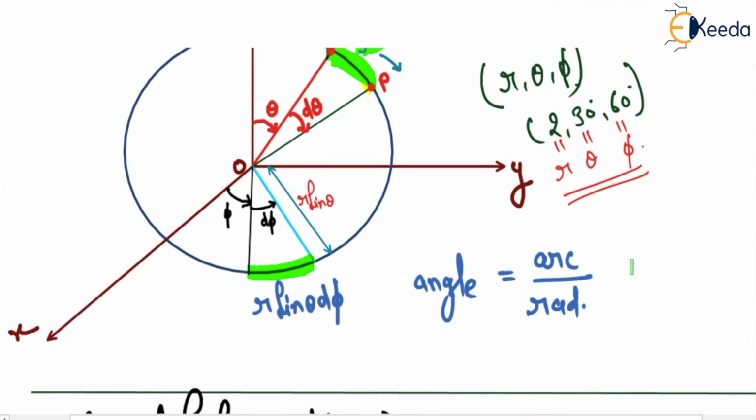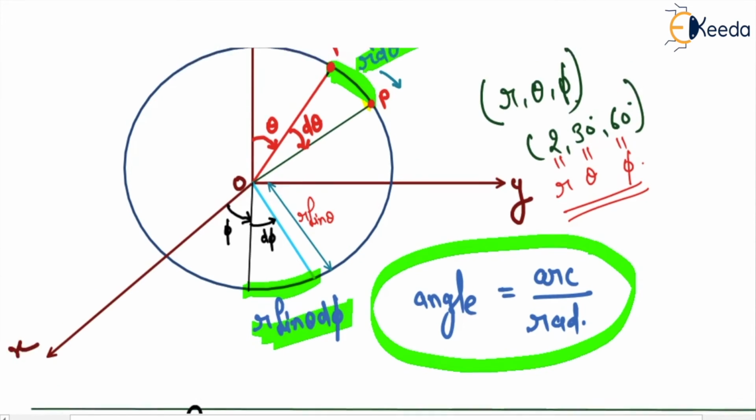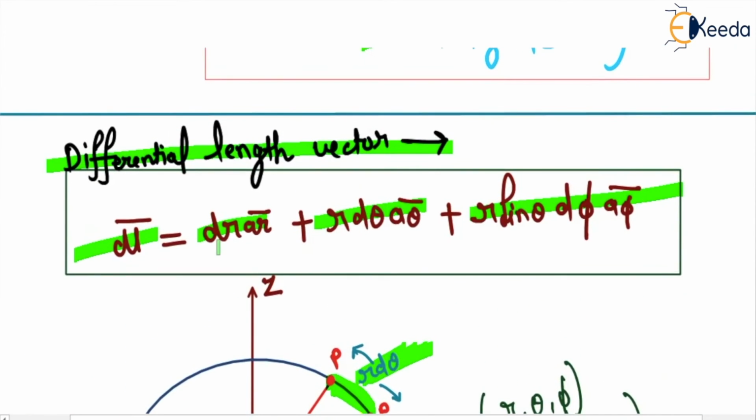The formula is angle is equal to arc upon radius. When phi varies with a small segment, the variation is counted as r sin theta d phi. So dl vector is dr ar plus r d theta a theta plus r sin theta d phi a phi.